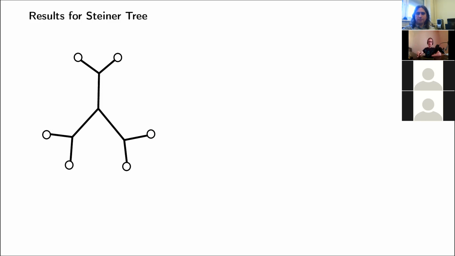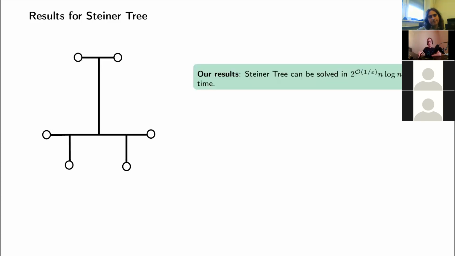We are also interested in the rectilinear Steiner tree problem, where you are only allowed to use axis-parallel lines. So the optimal rectilinear Steiner tree may look like this. And for that, we claim pretty much the same running time as for the Euclidean TSP.